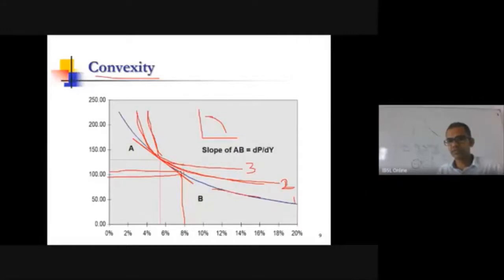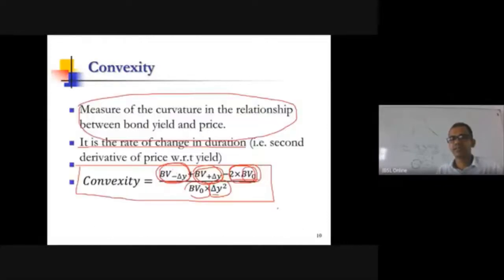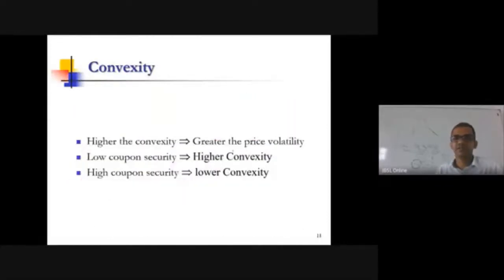You see price volatility is high in the third one compared to the second one, and the price volatility of curve 2 is higher than that of curve 1. So when the convexity is high, price volatility is high.